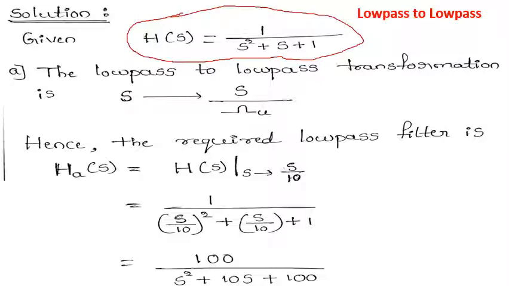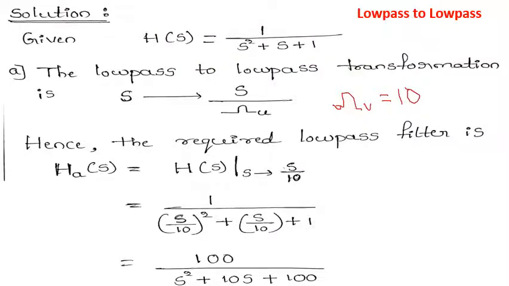Now, the first part of the question states we have to design a low pass filter with cutoff frequency omega c or omega u equals 10 radian per second. And to do so, we will use low pass to low pass transformation.